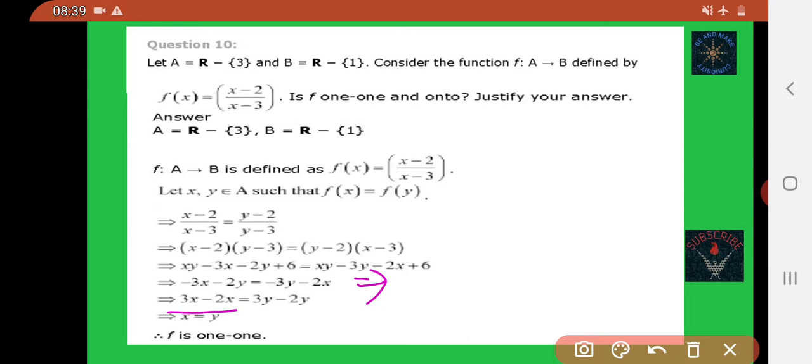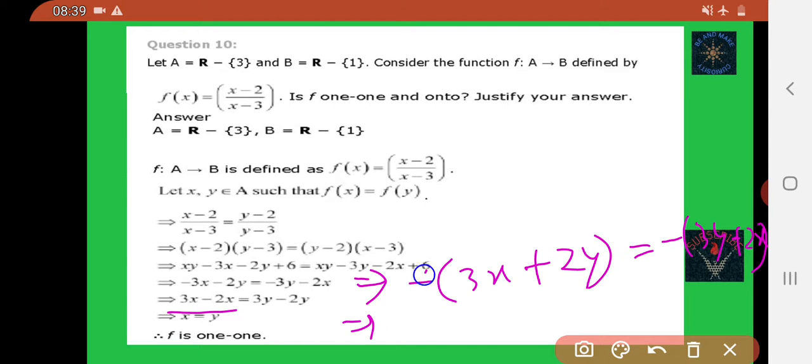Here you take minus common, then minus minus you cancel, then you get 3x plus 2y is equal to 3y plus 2x.